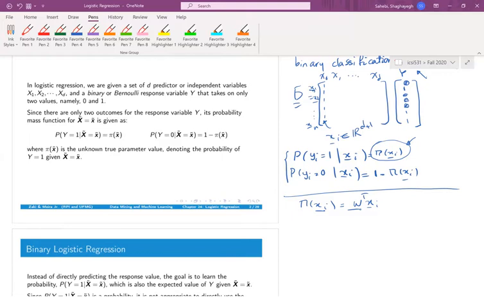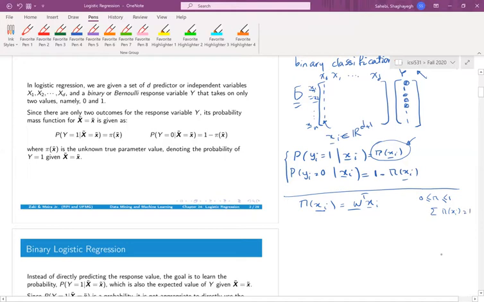But the problem of doing this is what? We know that pi of xi, the thing that we are looking for, is a probability, right? And you remember that probability mass functions have to be between 0 and 1, and also the summation of pi for all the different possibilities of yi should be equal to 1.